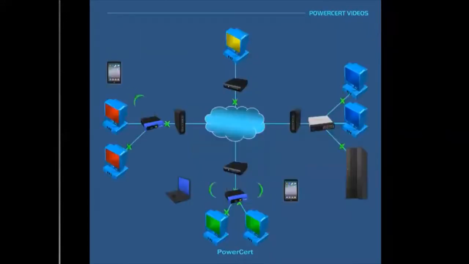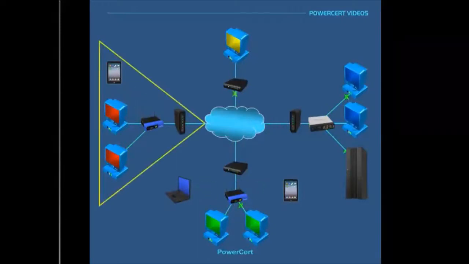So here is an example of several different networks and how they connect to the internet. For example, this network here on the left is using a cable modem, and it's using a small office, home office router, so that its computers and the tablet can have internet access.